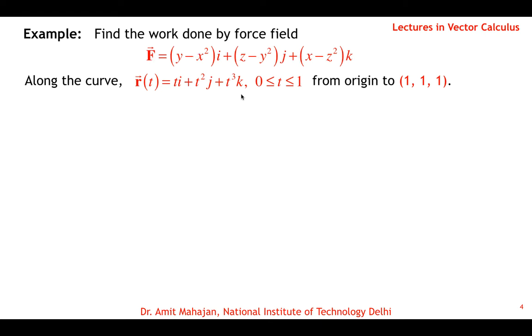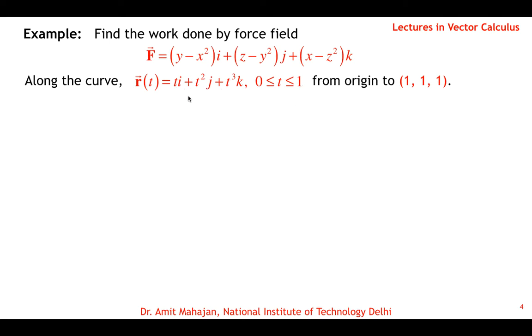the curve r(t), which is given in parameterized form with t varying from 0 to 1, from the origin to (1, 1, 1). So you can clearly see that x is t, y is t squared, and z is t cubed. When t is 0, it becomes the point (0, 0, 0), so that's the origin.